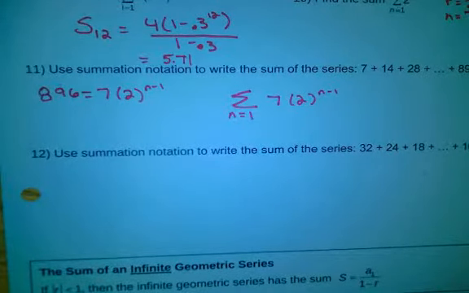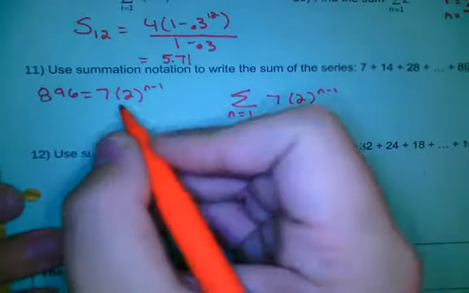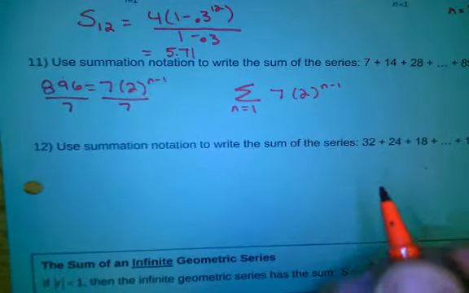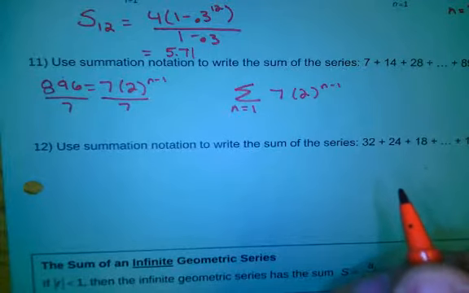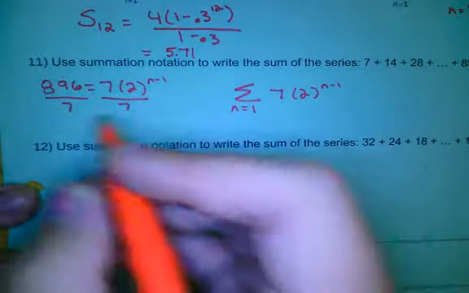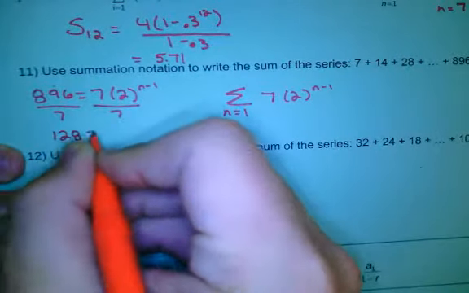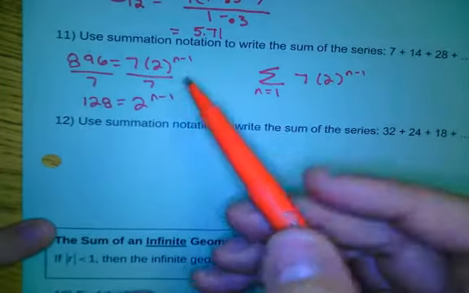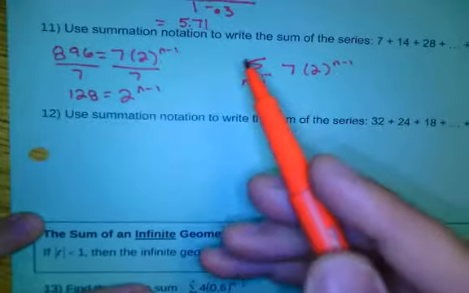Okay, so what do I do now? Divide by 7, you say? Okay. What do I get now when I divide by 7? Should be a nicer number. 128. Alright, this is where a lot of you are going to freak out, but you shouldn't.